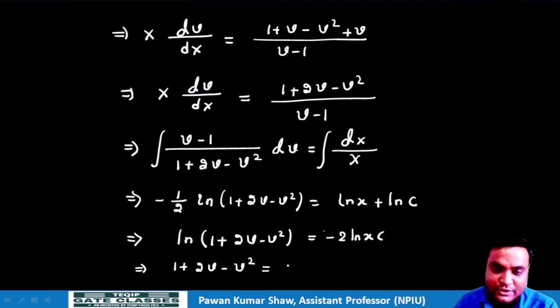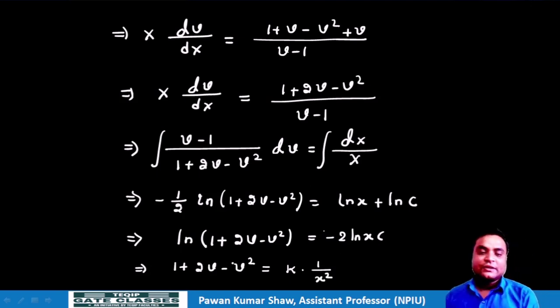So we are assuming that C square is a new constant K, and we will get 1 by X square here. Right? Now what is V?